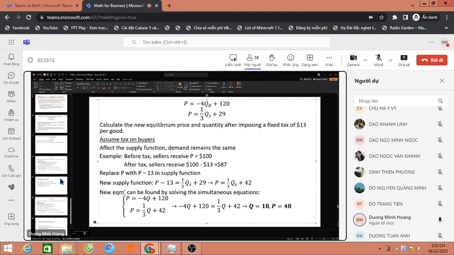If buyer behavior is affected, that means it will change the demand function. And since tax is placed on buyers, the supply side remains the same.